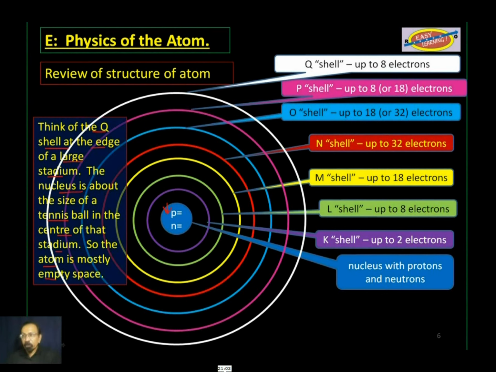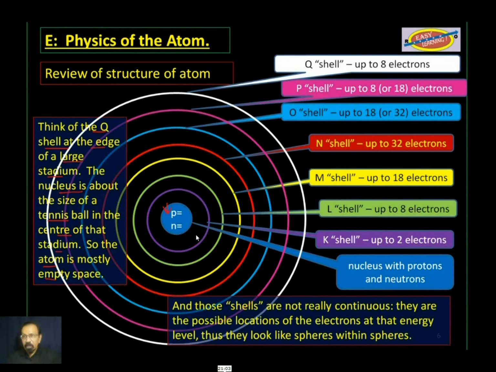And one other thing before we go: this drawing that you see here does not correctly represent what the atom looks like, because you may think that there are circles around the nucleus. Actually, there are not. These shells that you see here are not really shells. They are not continuous. They are the possible locations of the electrons at these energy levels. And they look like spheres within spheres.